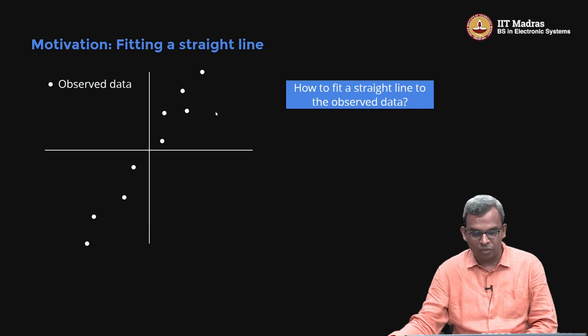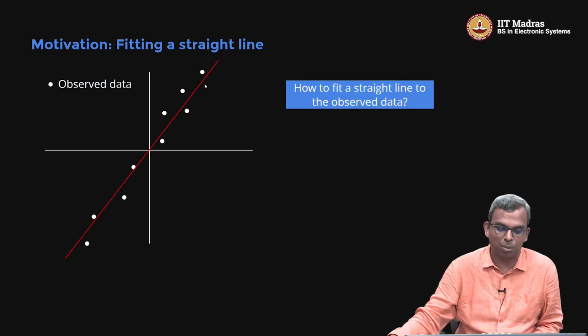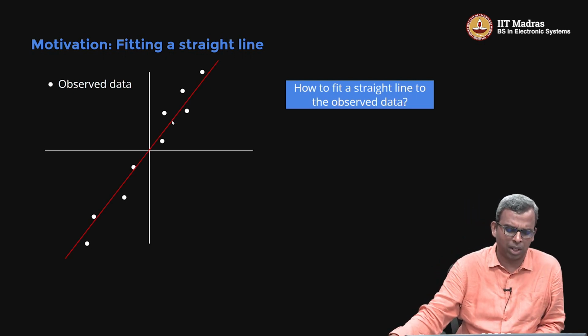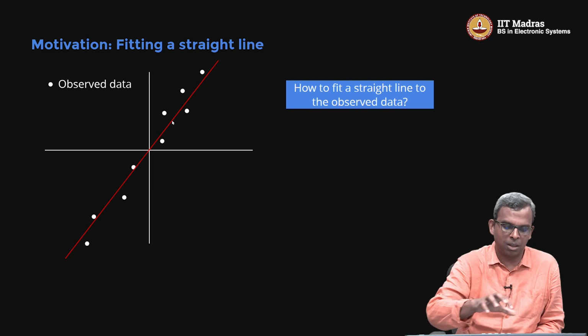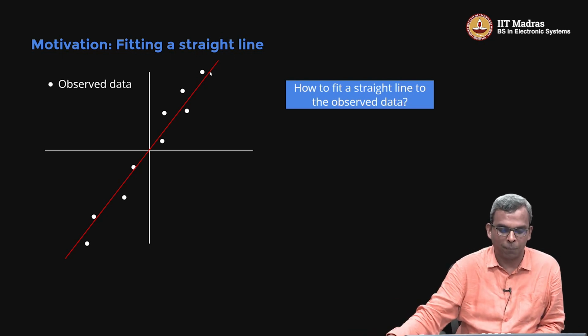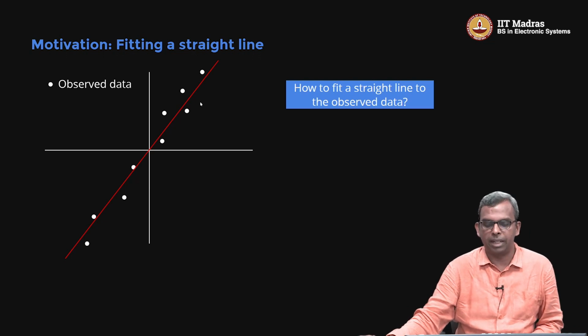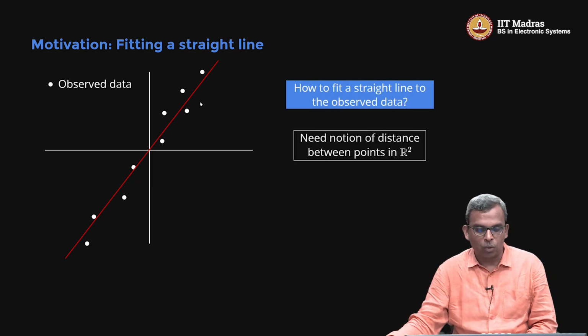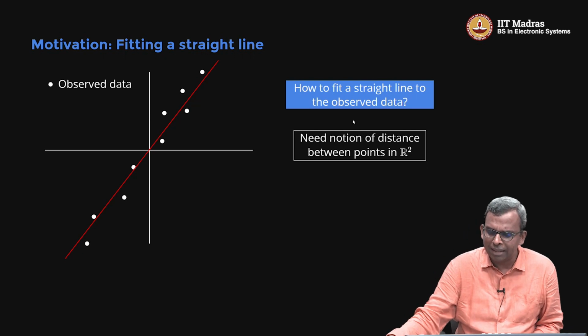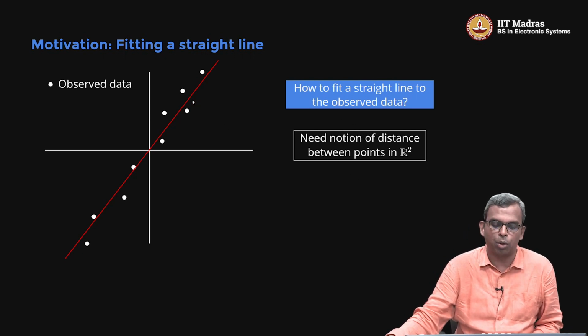This is a very interesting question. Here is one possibility, but how do I know that this is the best one? I could rotate this a little bit, move this a little bit. How do I know which is a good one? How do I go with a particular straight line from among all the possibilities out there? For this, we need some notion of distance between points in R2.